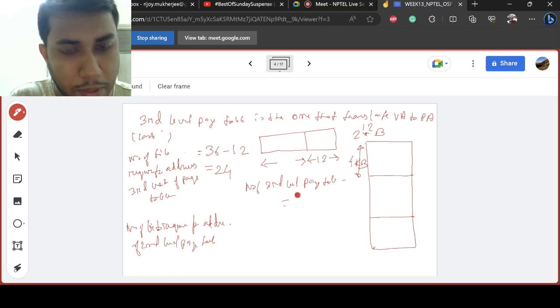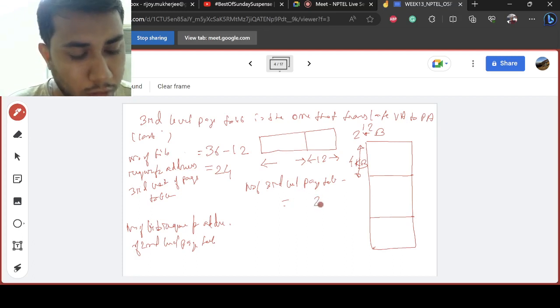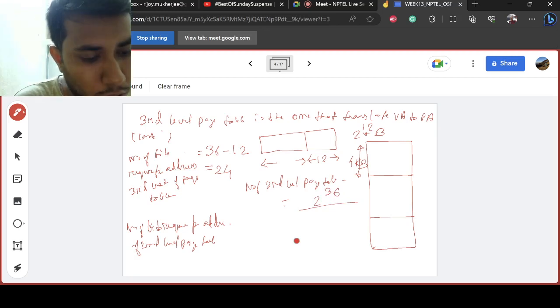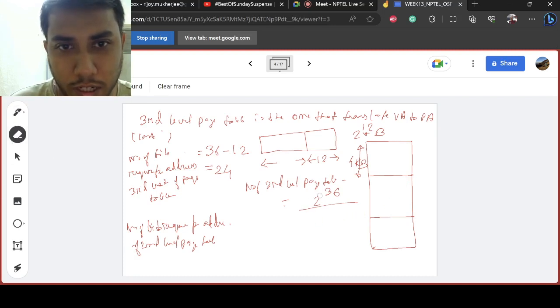So what is the physical memory we have? Number of third level page tables: we have the physical memory as 2 to the power of 36, right? And divided by the size of a third level page table. What is the size of a third level page table? Let me write the equation.